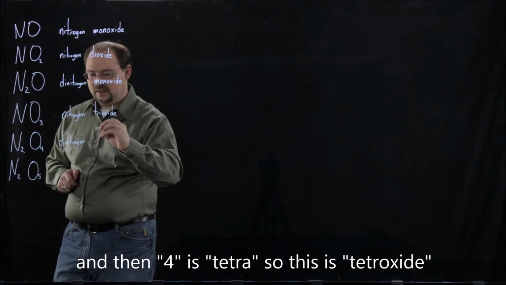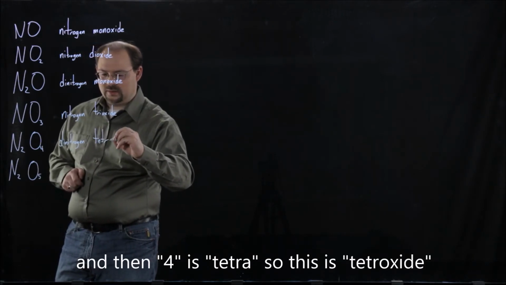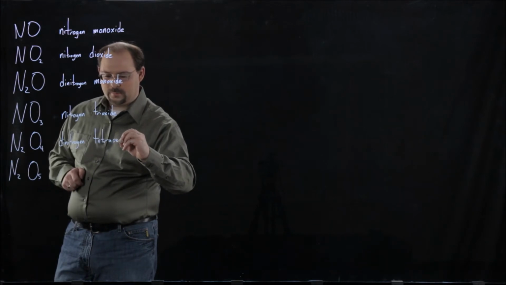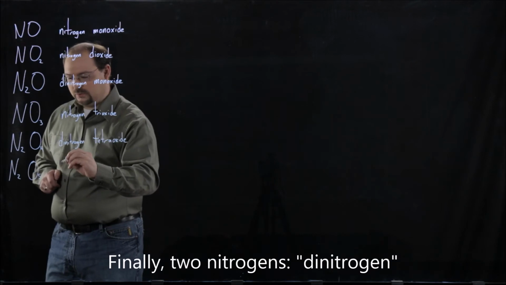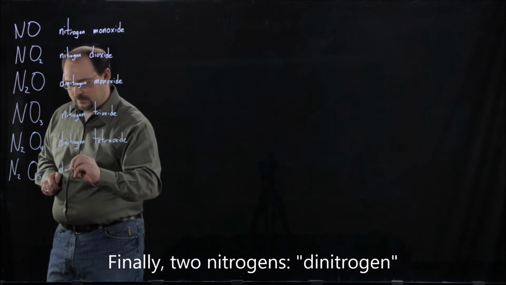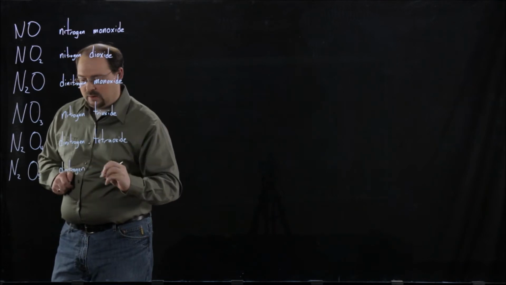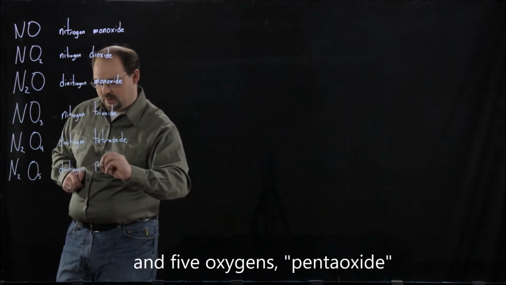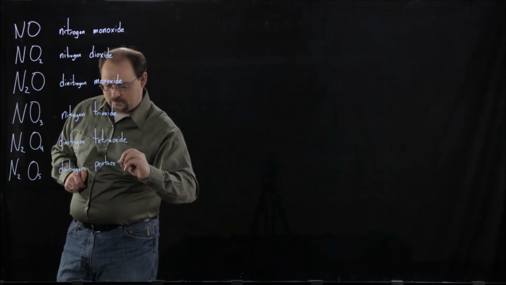And then 4 is tetra, so this is tetroxide. Finally, 2 nitrogens, dinitrogen. And 5 oxygens, pentaoxide.